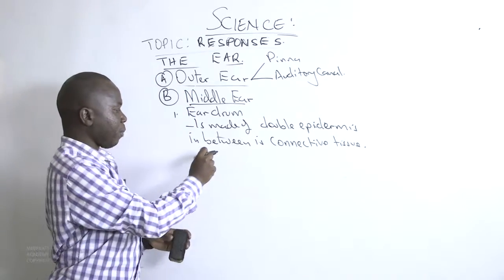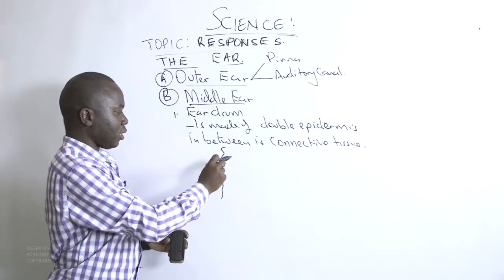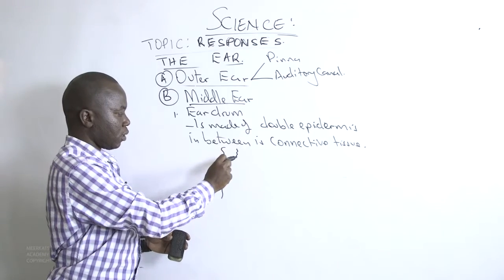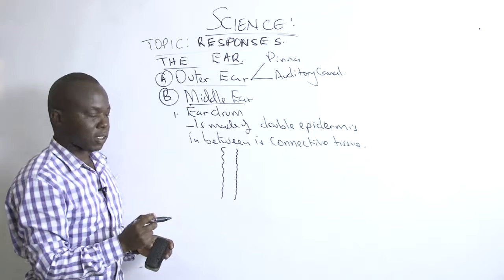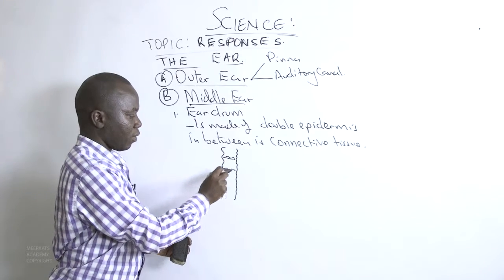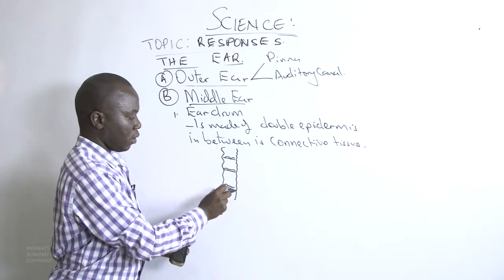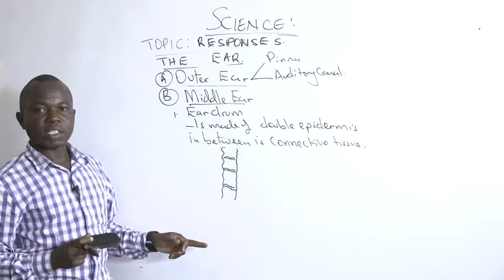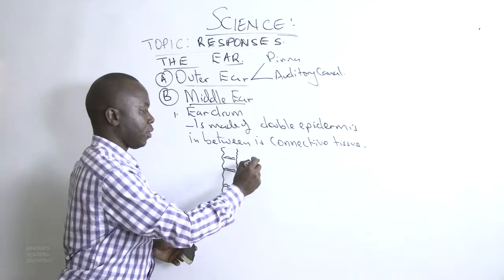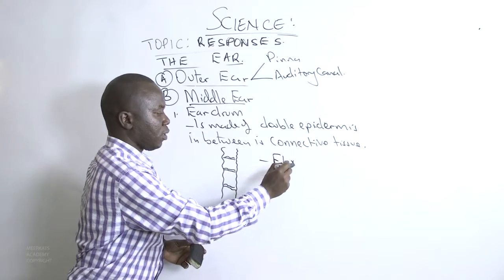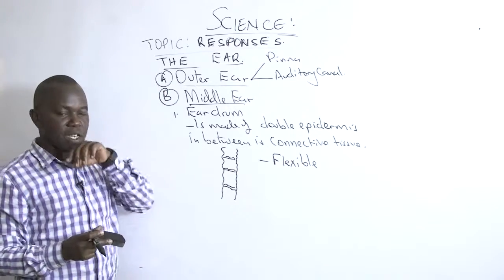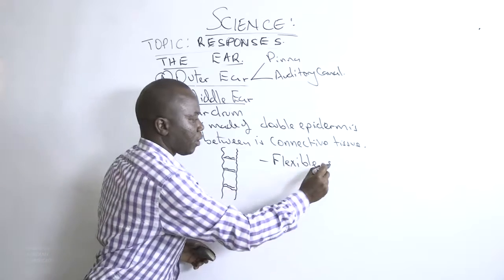So, in a simplified way, the eardrum is made up of two membranes. They are flexible, but in between we have the connective tissue. So this membrane is usually flexible. It's a flexible structure.